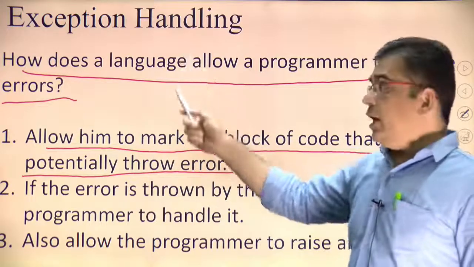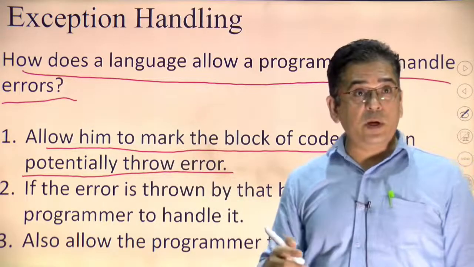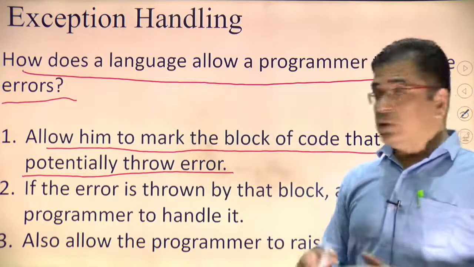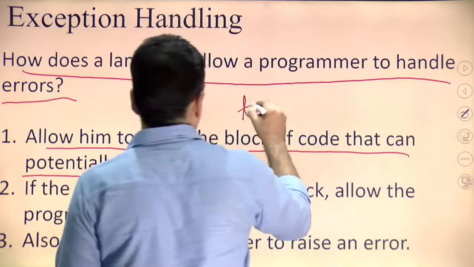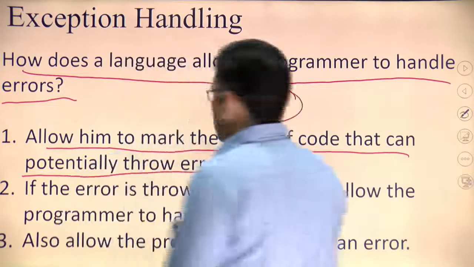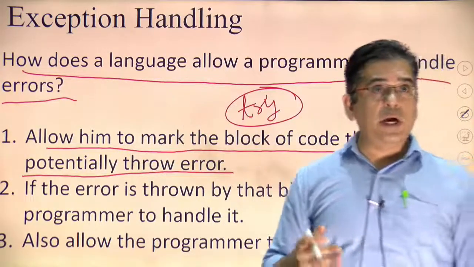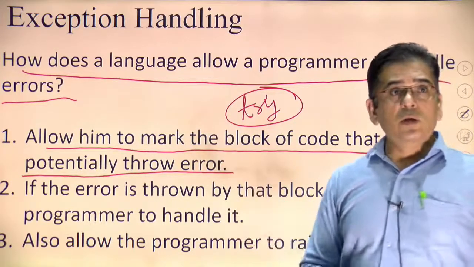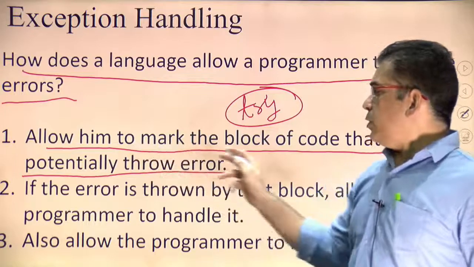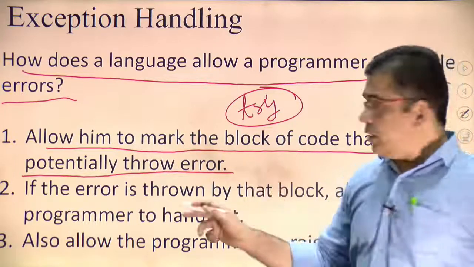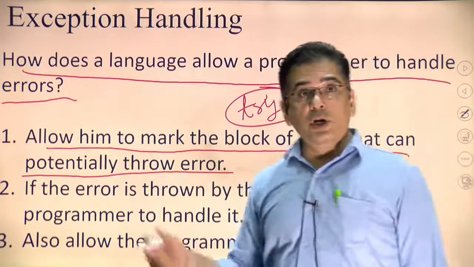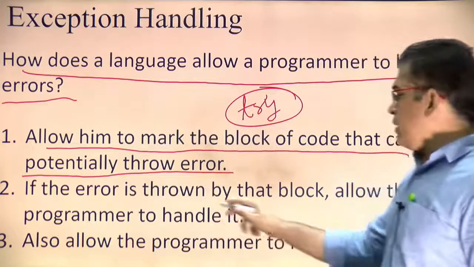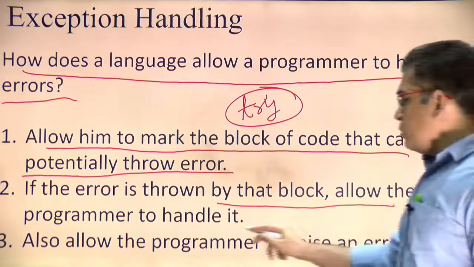So any language gives the programmer a functionality to mark the block of code, meaning we have to write that block of code in the try block. Try, catch, finally, except: these are the exception handling mechanisms which we will discuss today. So you need to include that block in the suspicious code. If the error is thrown by that block, it allows the programmer to handle it.